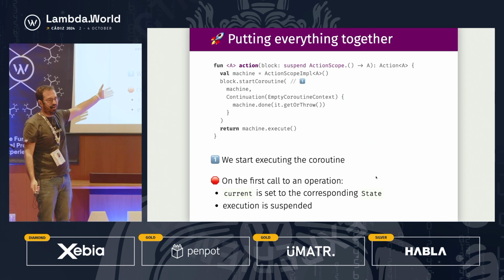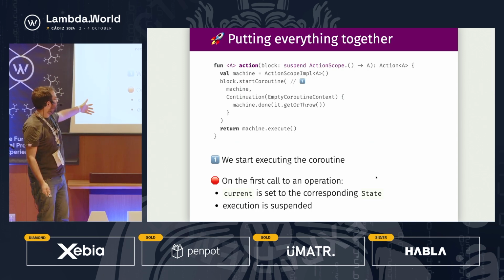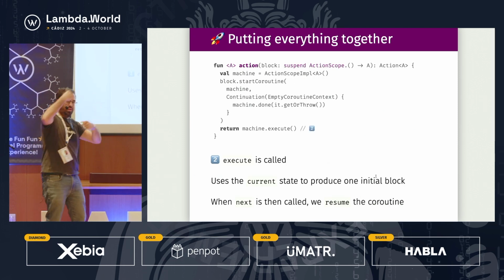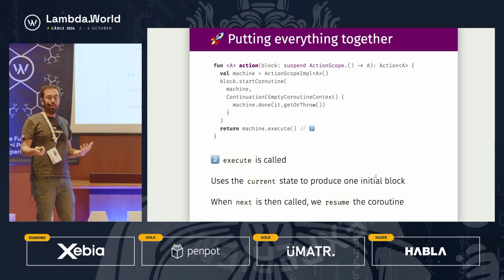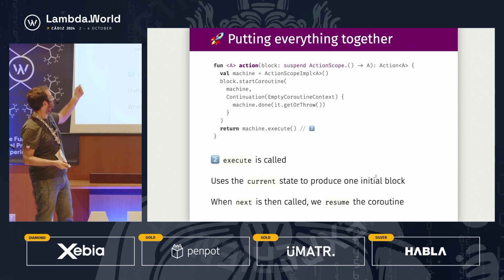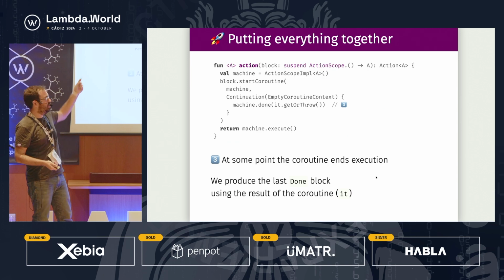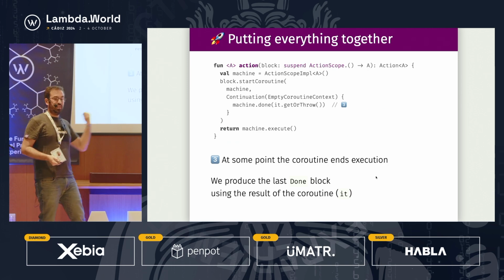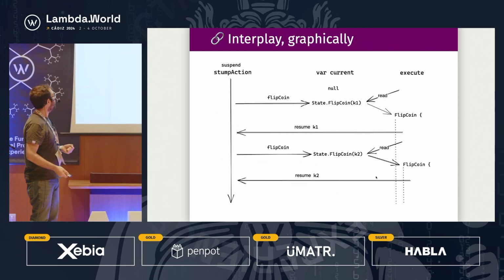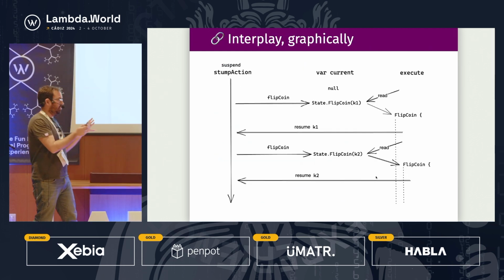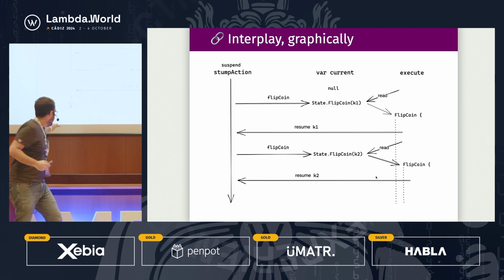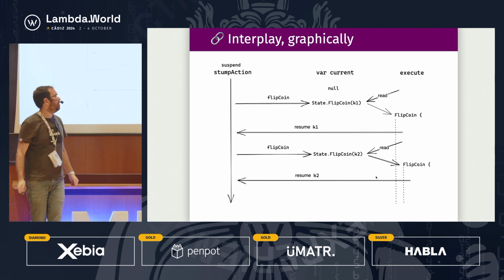On the first operation, you will stop until execute, and this will create the loop. And then at some point you are done, and this done of the coroutine is marked in a special way, by the last argument to startCoroutine, and at that point you know that you have to produce the done case because you are done with this program. So again, you get something like this, except I'm not showing it here. At some point, you get to the end of the coroutine here, and then you produce a done in that part.